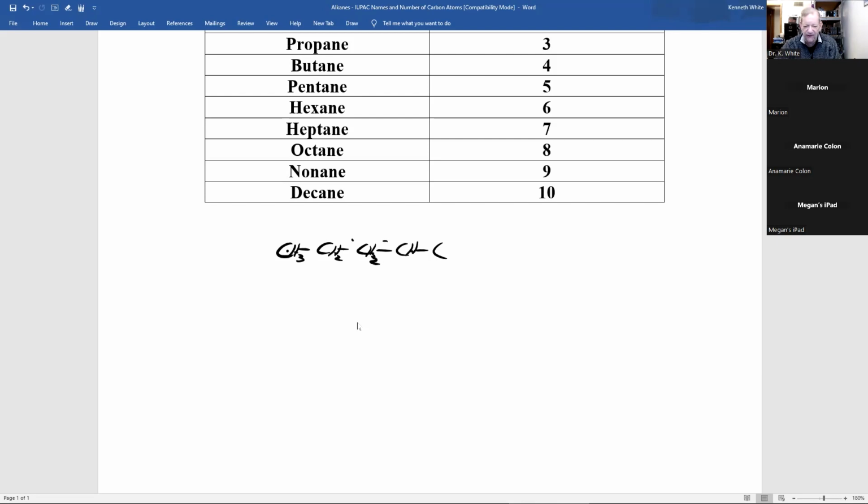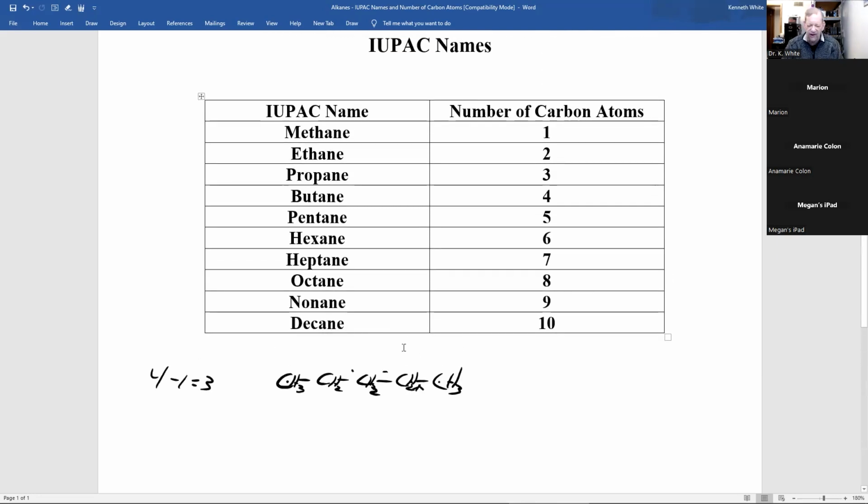Same thing here. This carbon has one bond to it. There's 4 bonds to carbon. 4 minus 1 is 3. So that's CH3. And that's a skill you should know. And you should know this chart. And hopefully, if you watched the videos, you would have picked up on that.